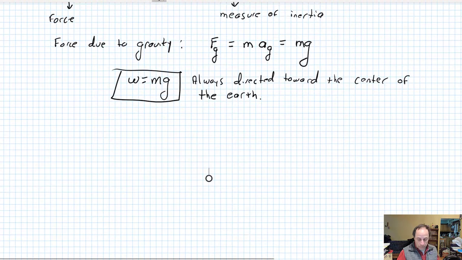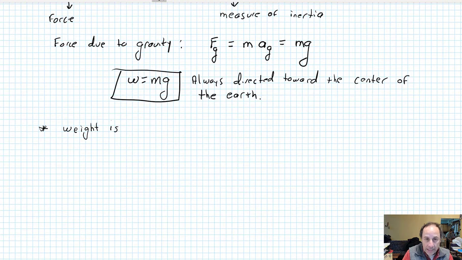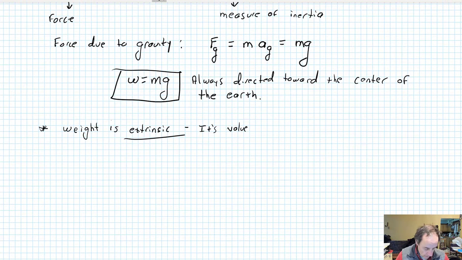Okay. So, key points. Weight is extrinsic. It depends on external factors. So, its value depends on external factors.